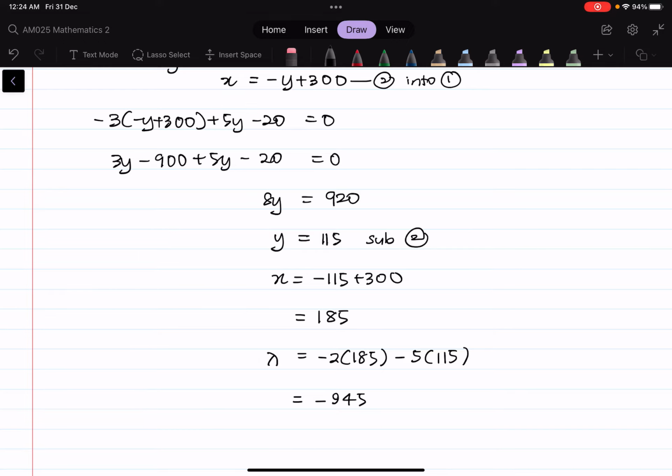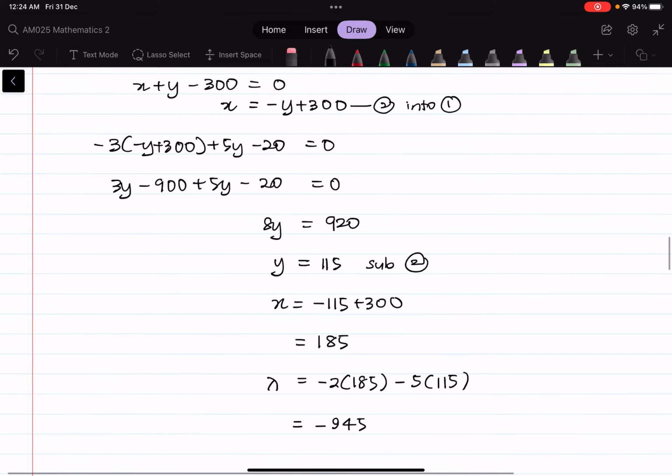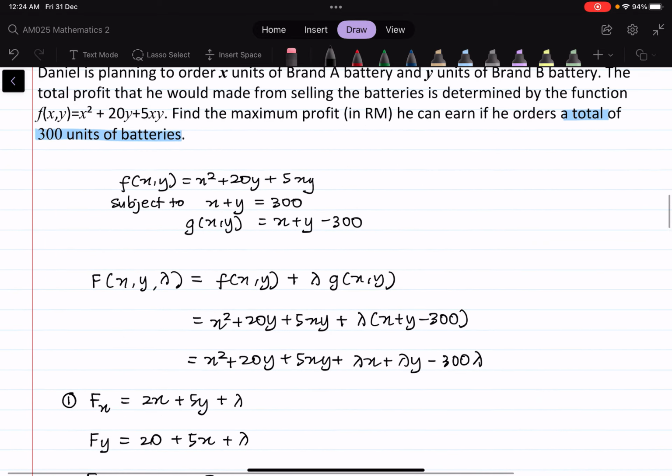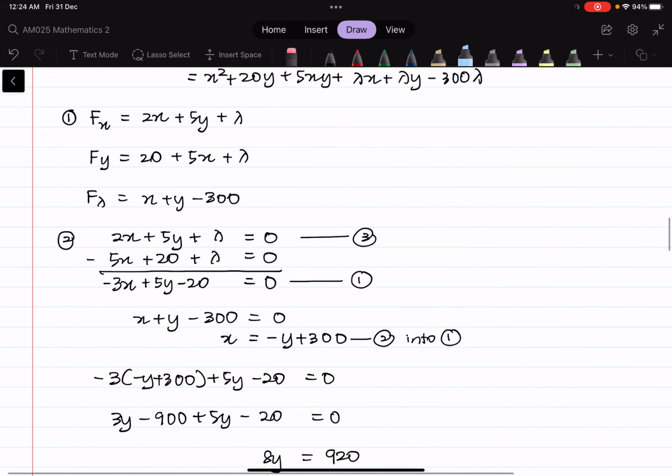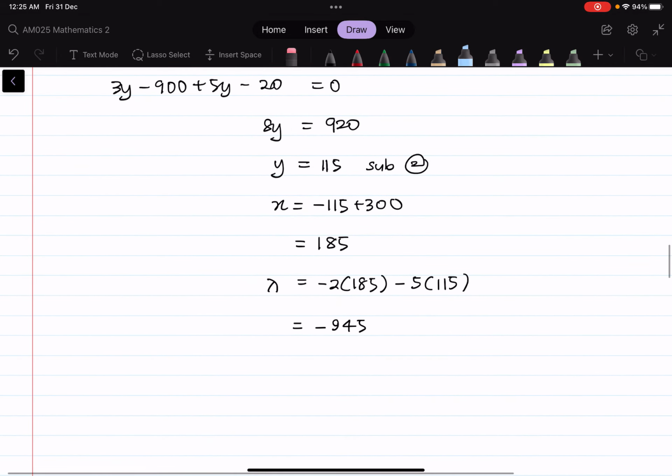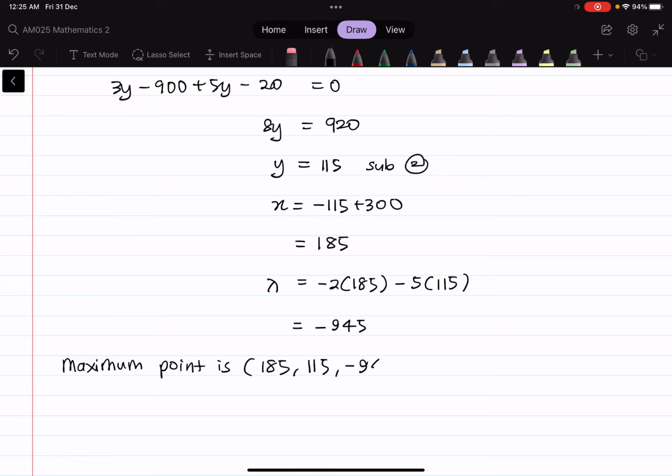So we get a maximum point. How do you know it is a maximum point? By looking at the words maximum profit. So I write down my maximum point as: x is 185, y is 115, and lambda is negative 945.